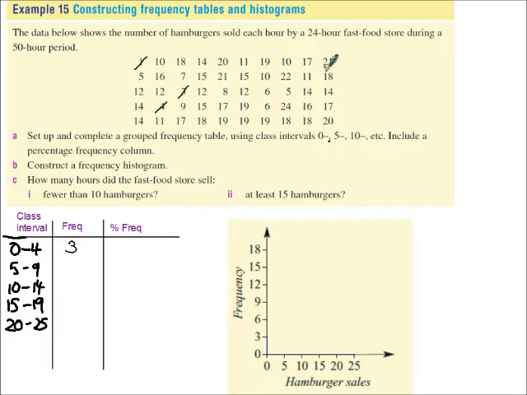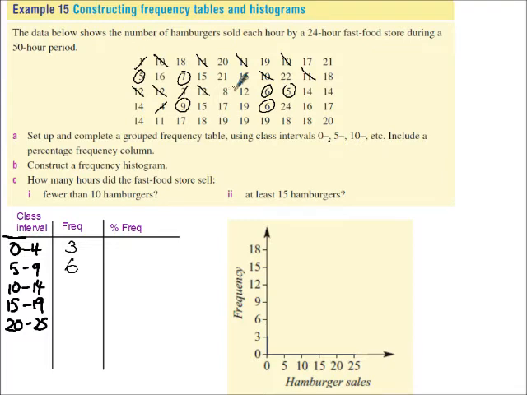So 1, 2, 3, 4, 5, 6. There's 6 hours in that category. 10 to 14. 1, 2, 3, 4, 5, 6, 7, 8, 9.